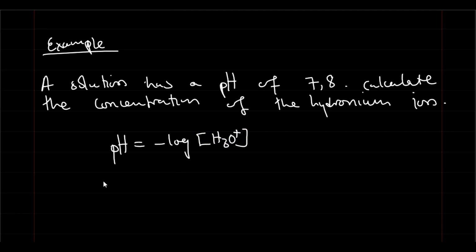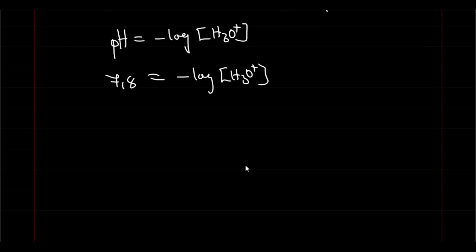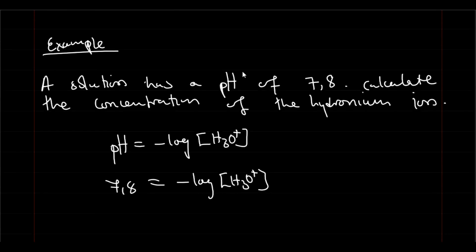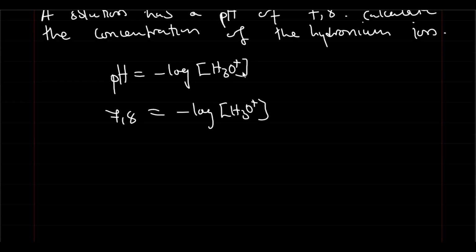We are given a pH of 7.8. We just put it there. 7.8 is equal to negative log of hydronium ion. Okay, so now how are we going to solve for the concentration of hydronium ion? We must make the hydronium ion the subject of the formula.